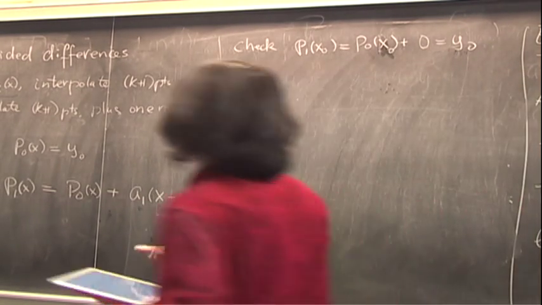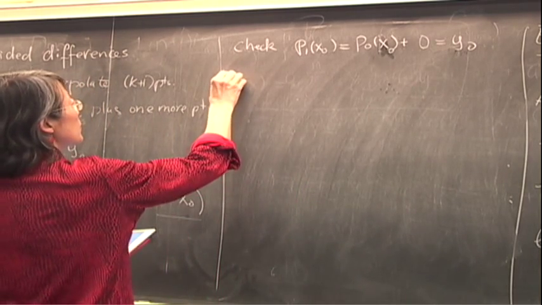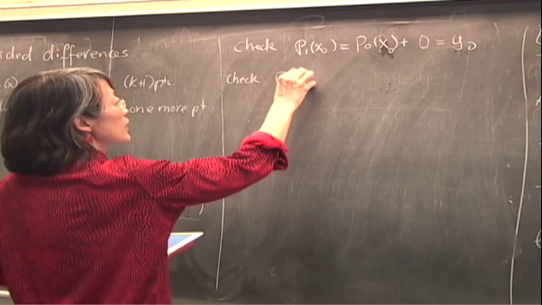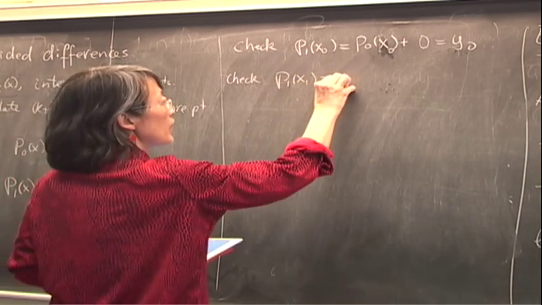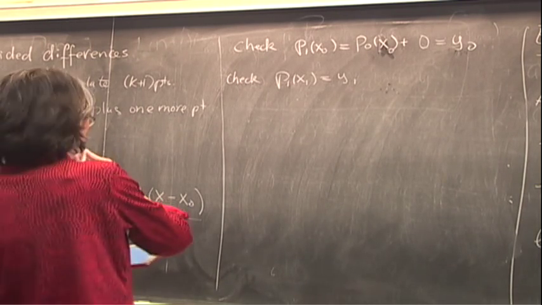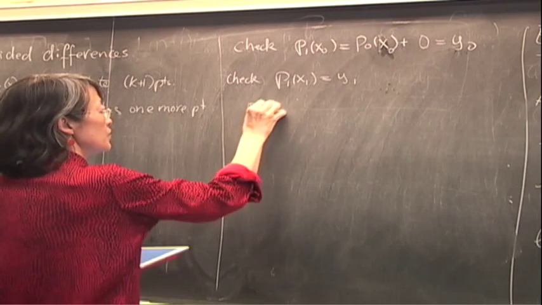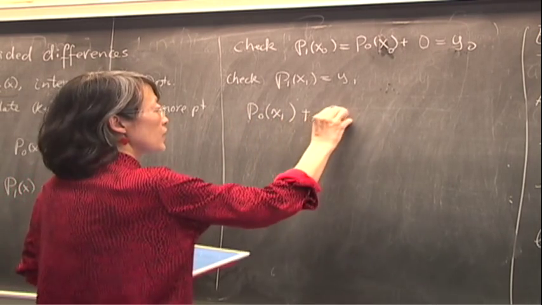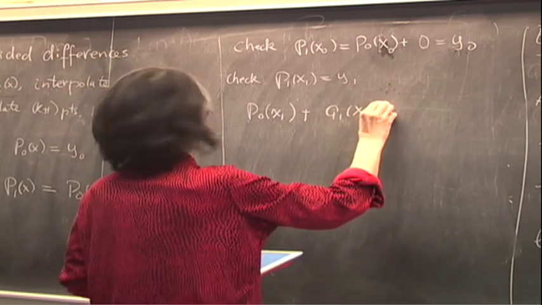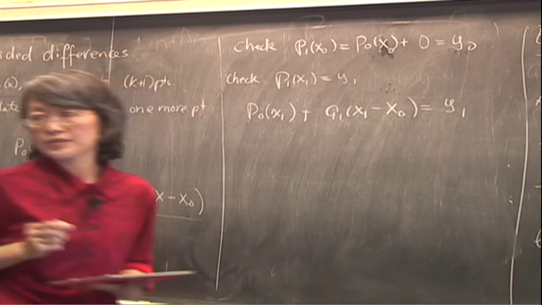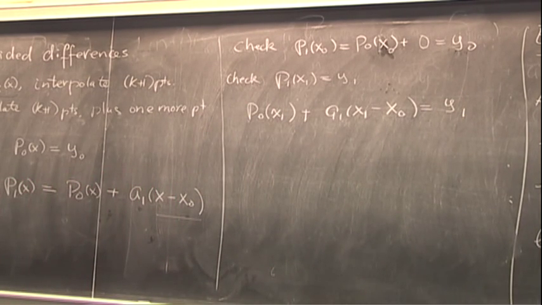So, okay, we have another condition. Now we must check. The second one is that p1 at x1 must equal y1, right? An additional condition. So what does that give me? This is p0 at x1 plus a1 times x1 minus x0 shall equal y1. We can use this to find this a1.